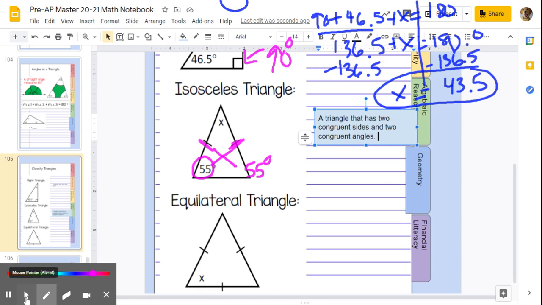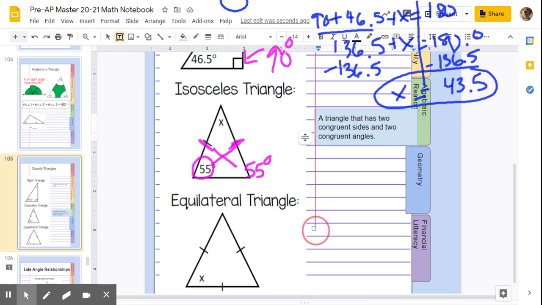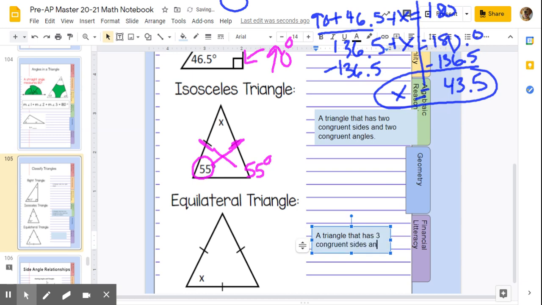And our last type of triangle here is called an equilateral triangle. This is a triangle that has three congruent sides and three congruent angles. So it's what I like to call a perfect triangle.